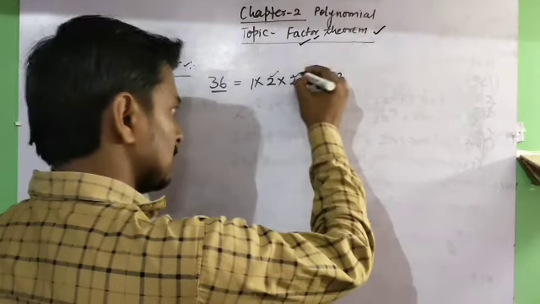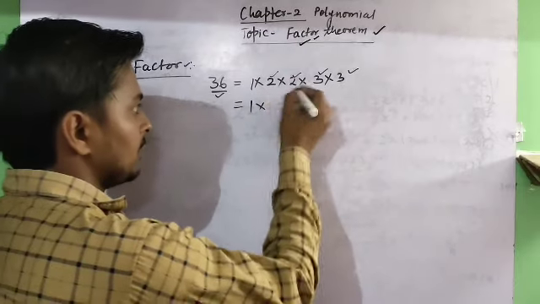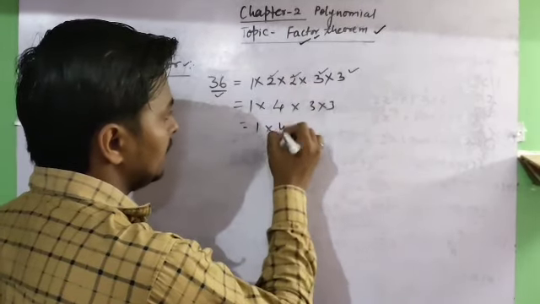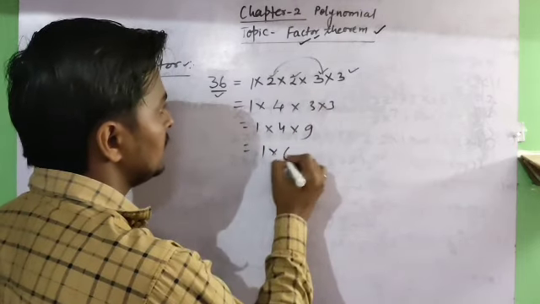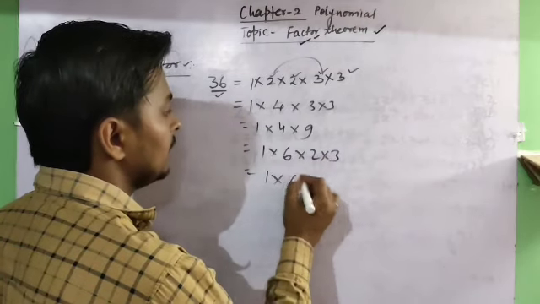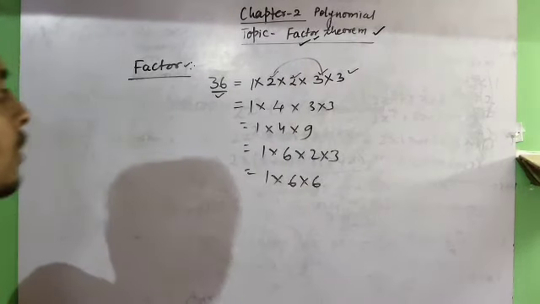All these numbers are the factors of this. This can also be written as 4 into 3 into 3, or as 4 into 9, or as 6 into 2 into 3, and many more.